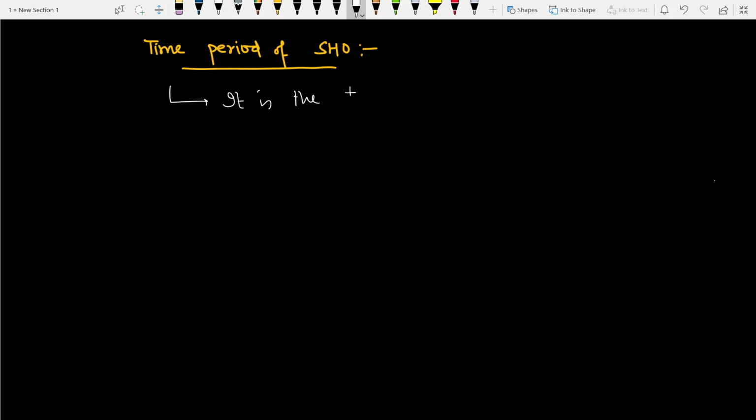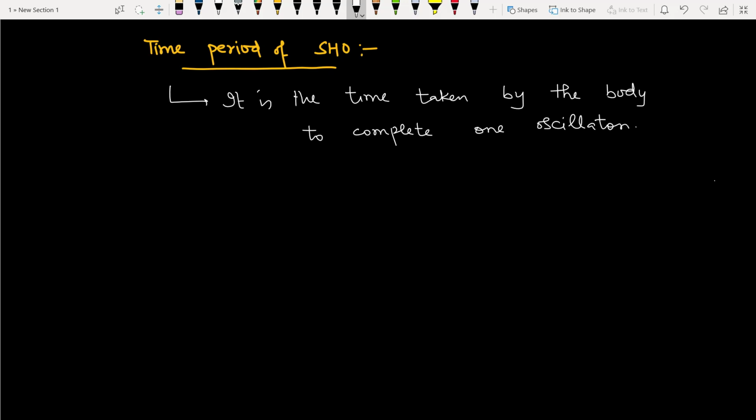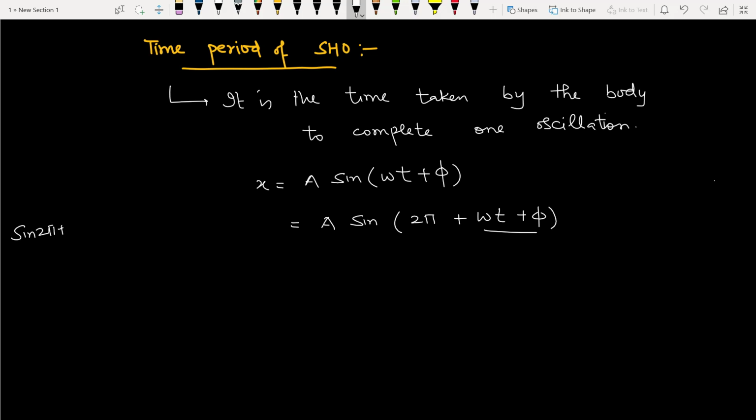to complete one oscillation. So as x is equal to a sin(omega t plus phi), we can rewrite it using a simple mathematical relation, because sine of 2 pi plus theta is sine theta.